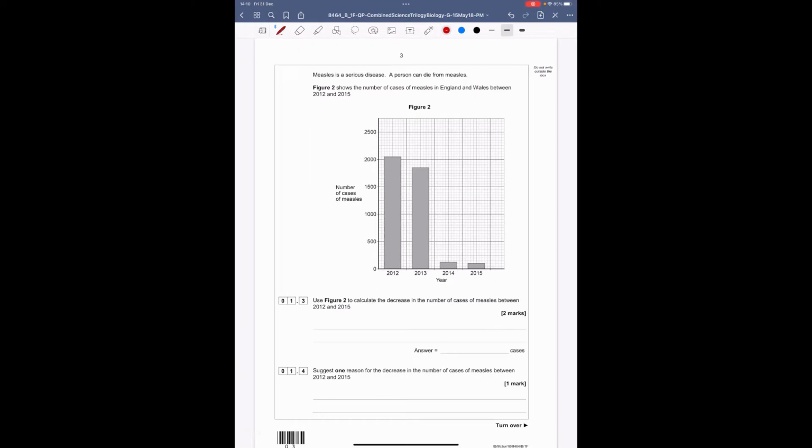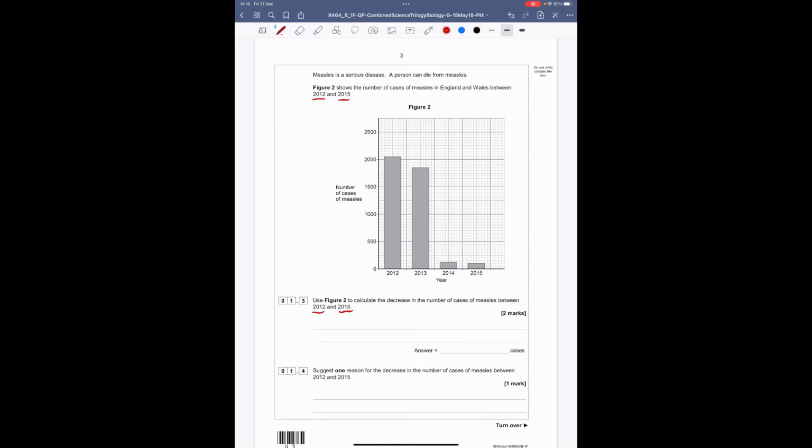Measles is a serious disease. A person can die from measles. Figure 2 shows the number of cases of measles in England and Wales between 2012 and 2015. Use figure 2 to calculate the decrease in the number of cases between 2012 and 2015.